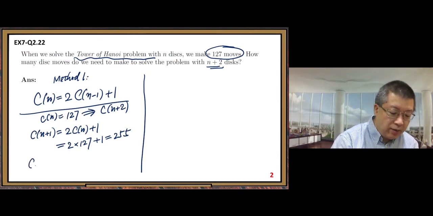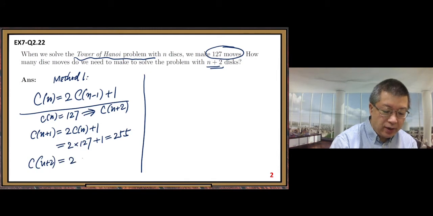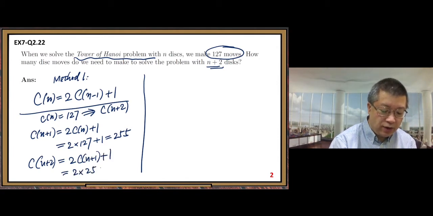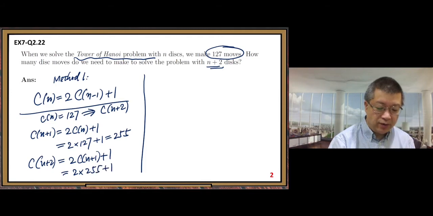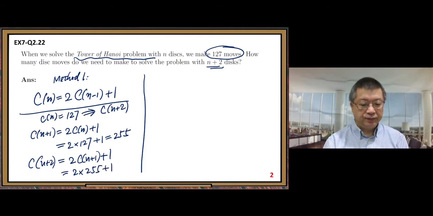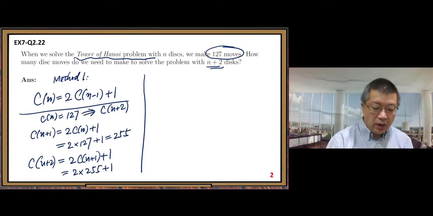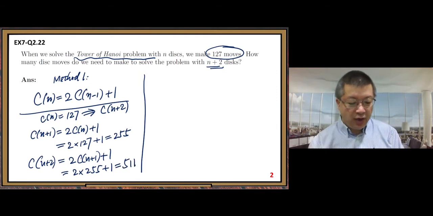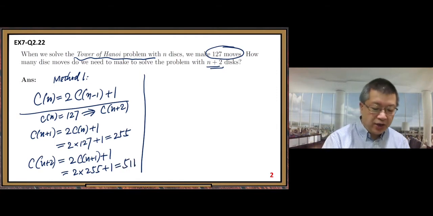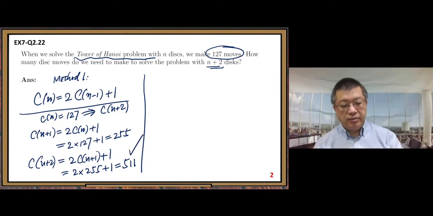So the second time, C of n plus 2, another time, recurrence relation plus 1. So this time, 255 plus 1, 511, right? 511. So that's the answer. Okay, so that's the first method.